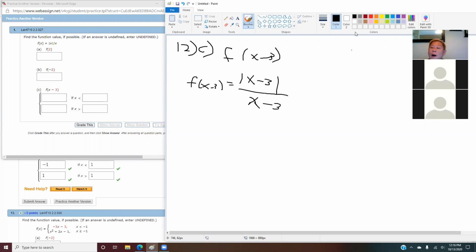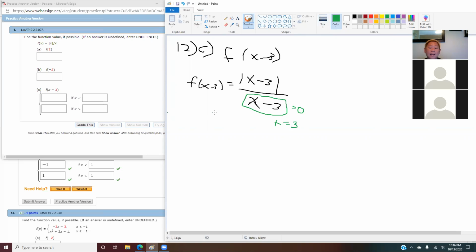The first thing you need to know about part C is you have to figure out this inequality. This inequality is figured out by taking your denominator and setting it equal to 0. If you solve for x here, x in this case will be 3.